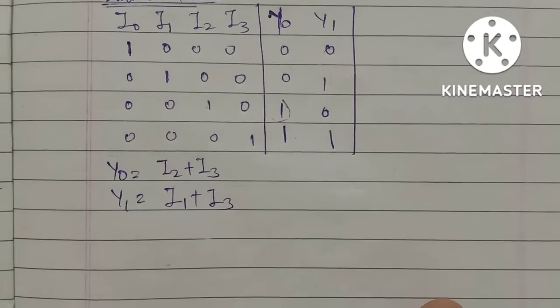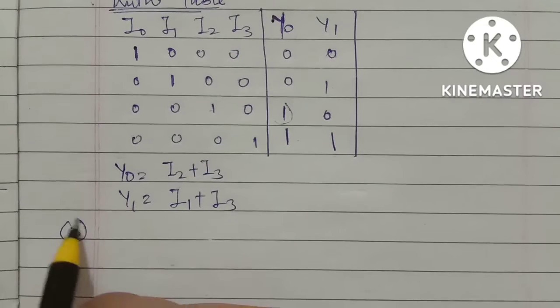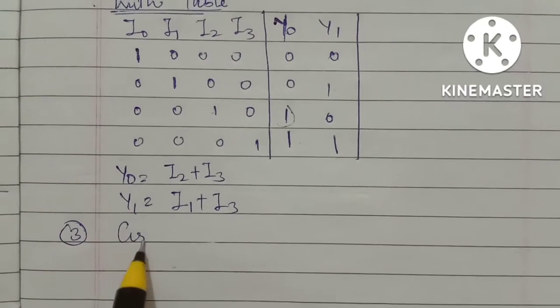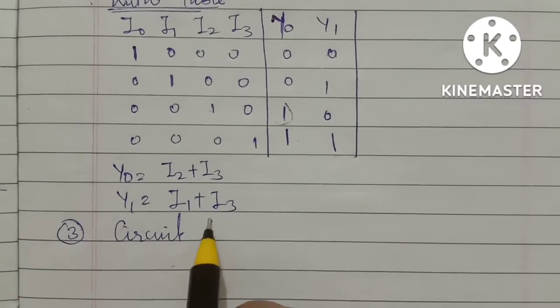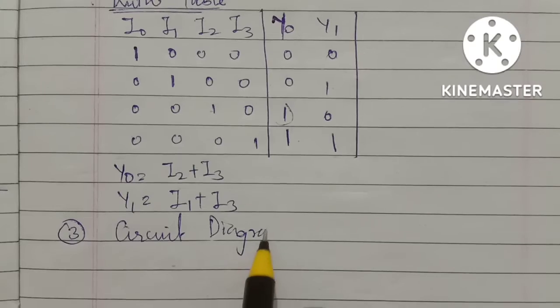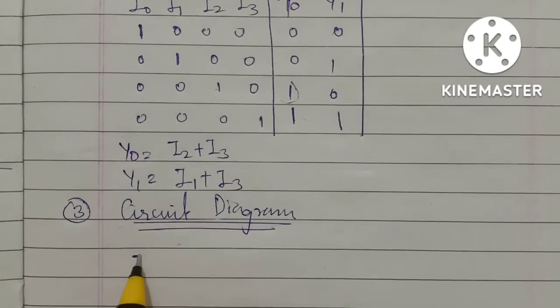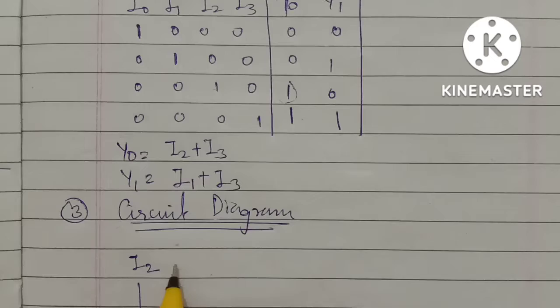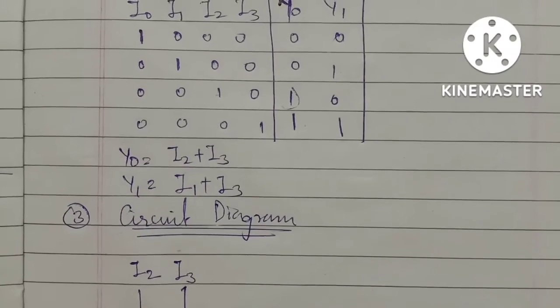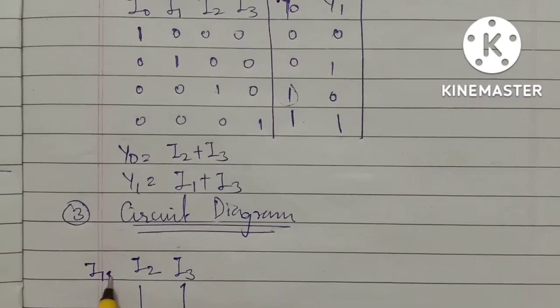We can draw the circuit diagram also. Here we require, suppose this is I2, this is I3 and this is your I1.